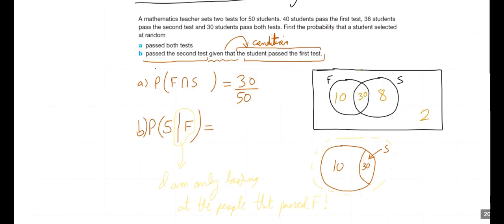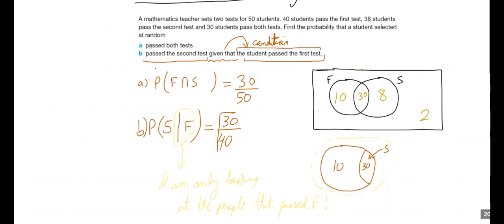So how many people out of this whole thing passed the second test? 30. And how many people am I talking about in total? 40. Exactly. Not 50, but 40. So the probability is 3 over 4. So passing the second test, if I'm only asking the people who've passed the first test, is 3 over 4.